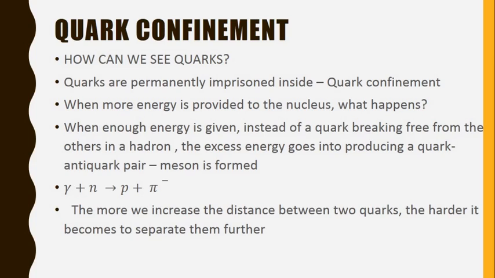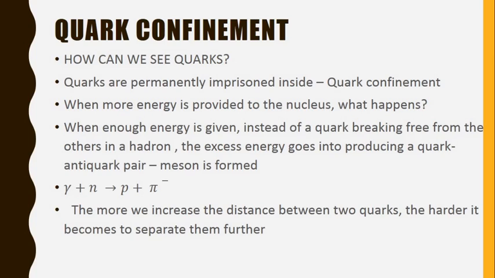A proton is made up of 2 U quarks and a D quark, and a neutron is made up of 1 U quark and 2 D quarks. So if we provide more energy, we can think the proton and neutron get divided and we can see the quarks, isn't it? But it's not like that.